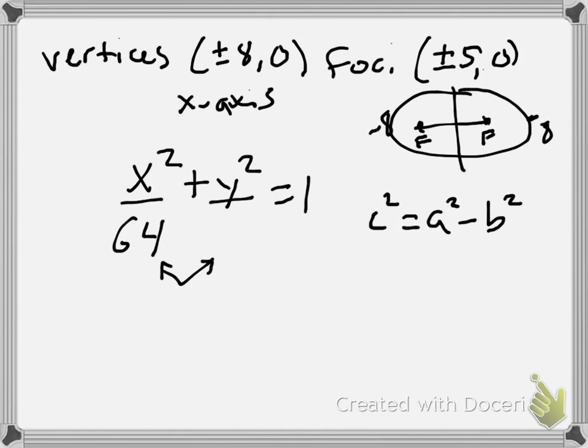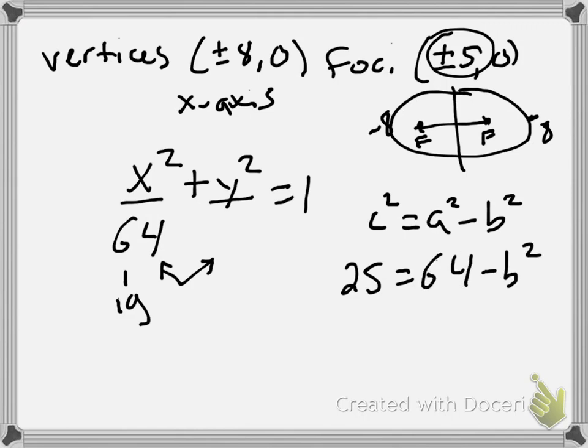So in this case, we know our c value. We know our foci is positive or -5, so 5 squared is 25. We know our a squared, that's our larger one right here. So it's going to be 64 minus our b squared. Well, all this essentially is 64 minus 25, so our b squared is equal to 39. So there is our standard form of our function.